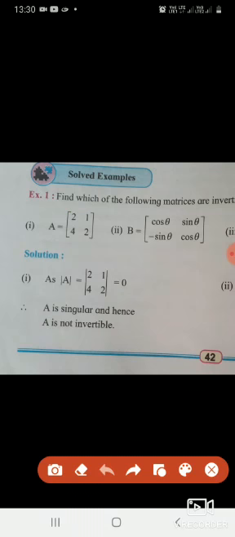Now see the next one, a trigonometric function. Listen, in this trigonometry, it is a matrix B, cos theta, sin theta, minus sin theta, cos theta. We find the determinant. It is cos square theta minus sin theta into minus sin theta, so cos square theta plus sin square theta, which is equal to 1.